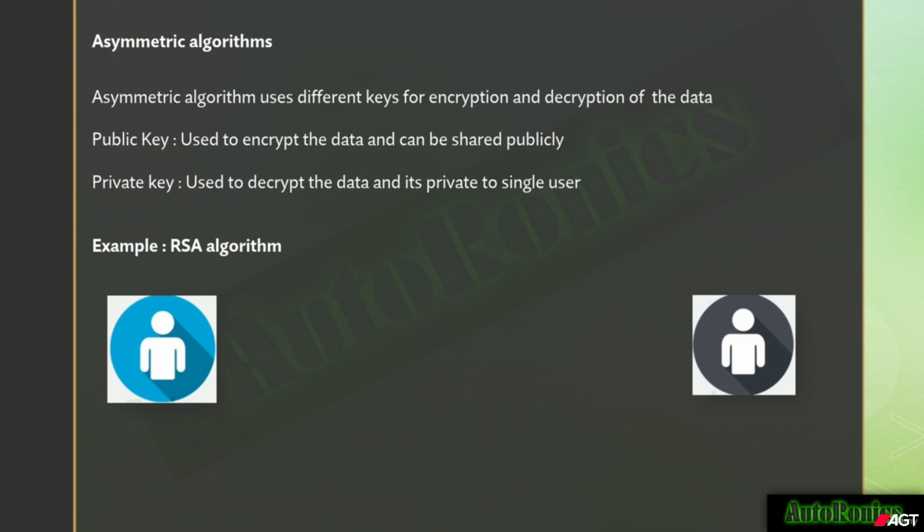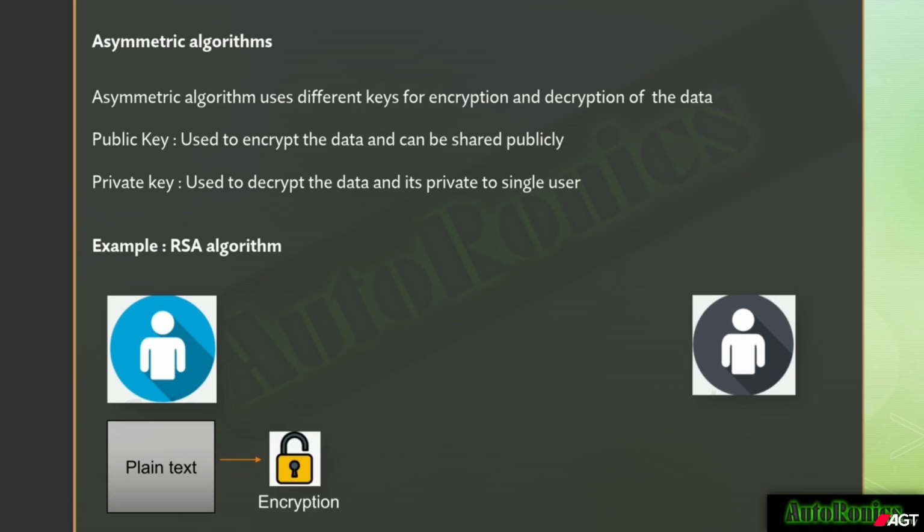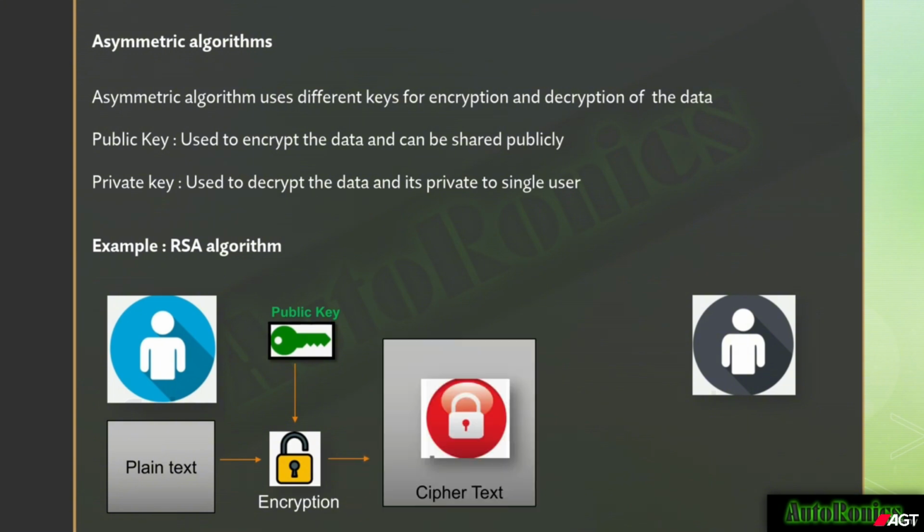First, the sender will encrypt the plain text with the public key, which is received from the receiver. Once the ciphertext is formed, we send it to the receiver.